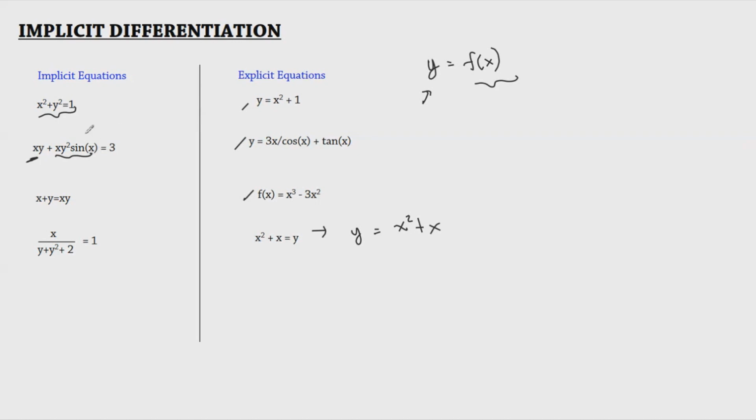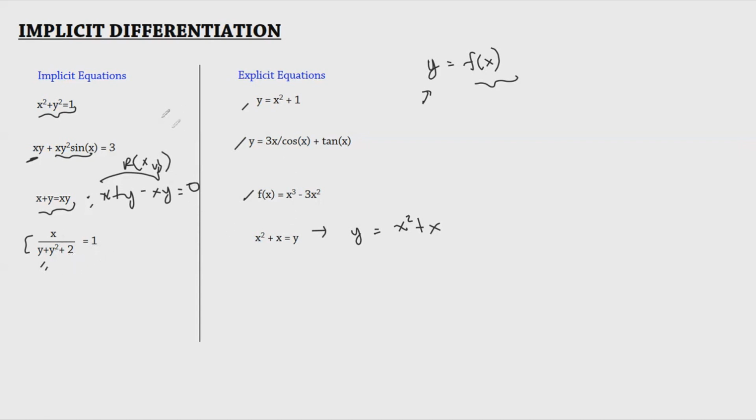Same as this one, though we can rewrite it as x plus y minus xy, to see that the whole relation is a function of x and y. Lastly, even though this is rational, there is an x and y term on the side of the equation.